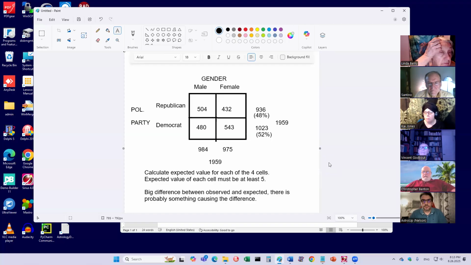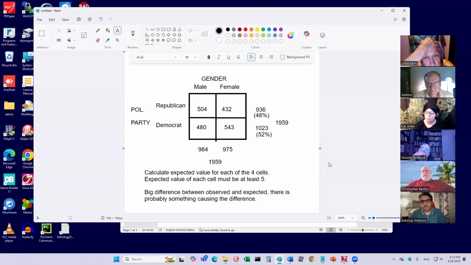I'll quickly spell out the actual formula. For each cell, you find the difference between observed and expected. You square to get rid of any negative values, and then you divide it by expected. If you look at it as a percentage of expected value for each cell, that kind of cuts it down to size, and you add up all those numbers for each of the 4 cells.